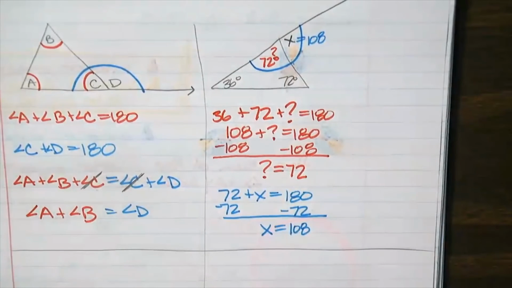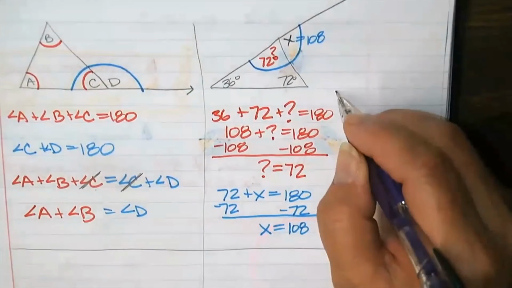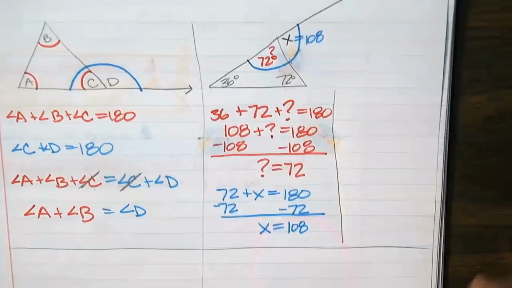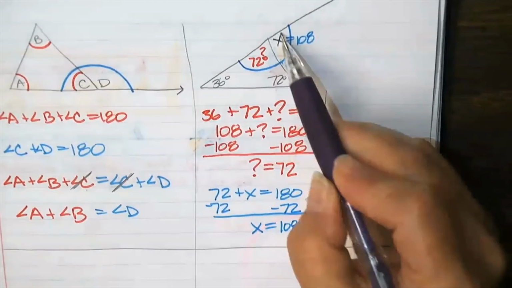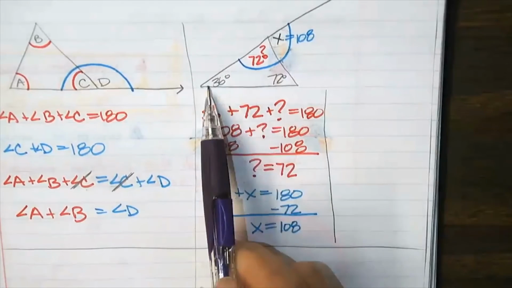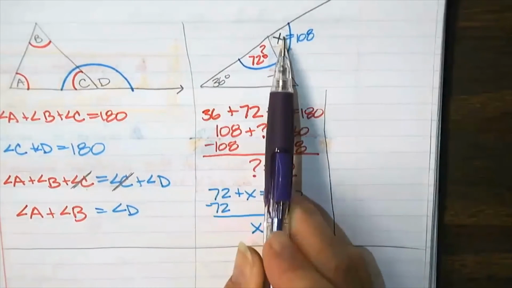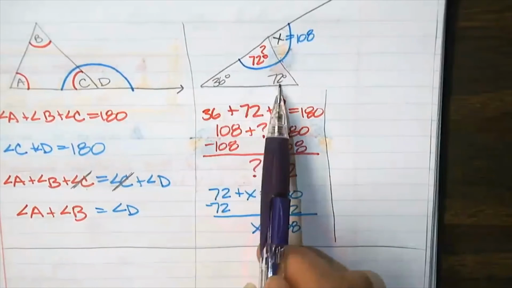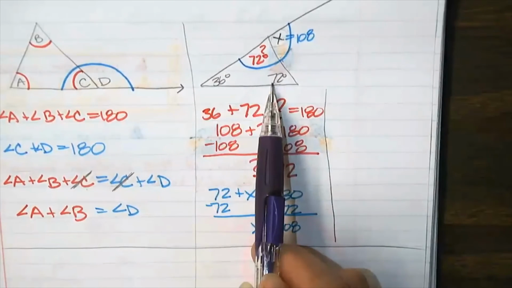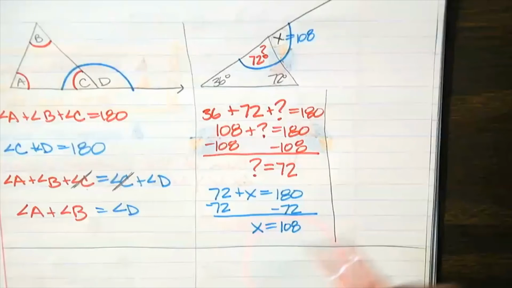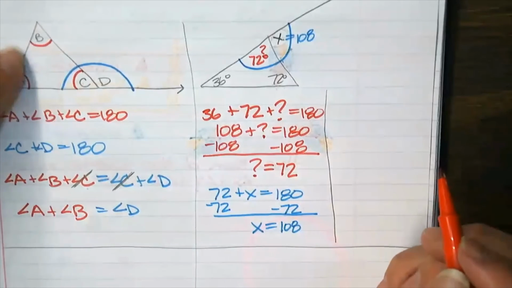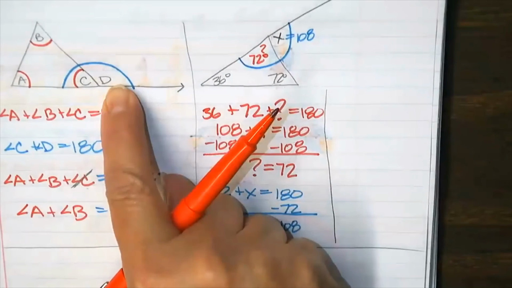But there is another way of doing that. Didn't we say this angle is the same as the sum of these two angles? These two angles are equal to D, right?